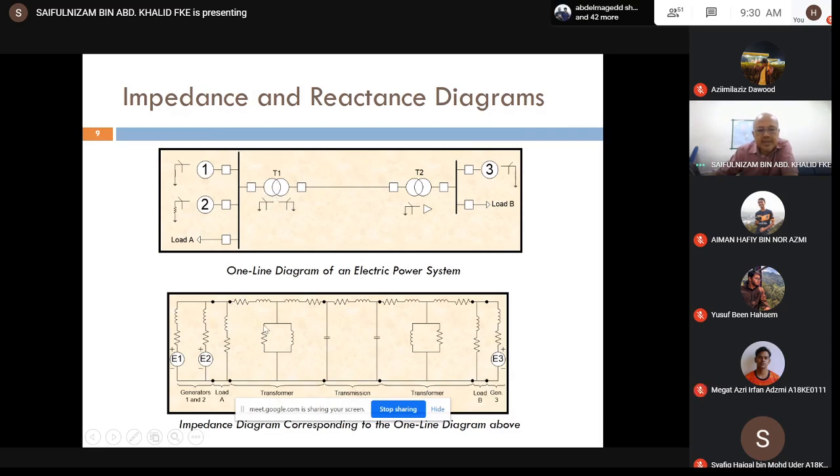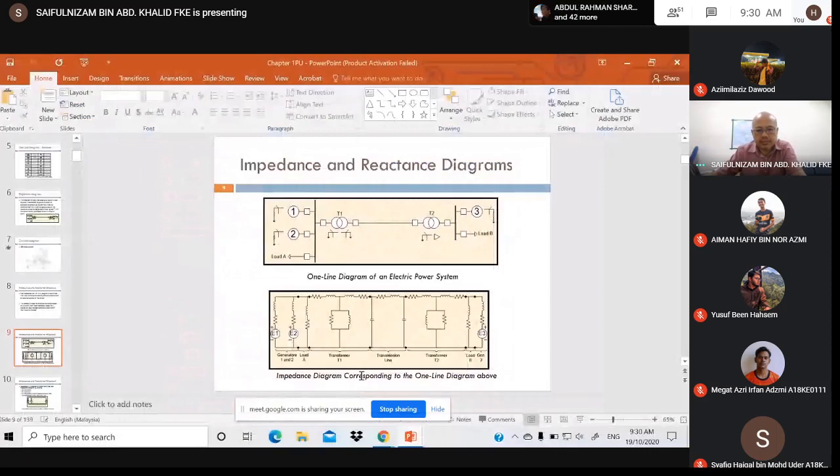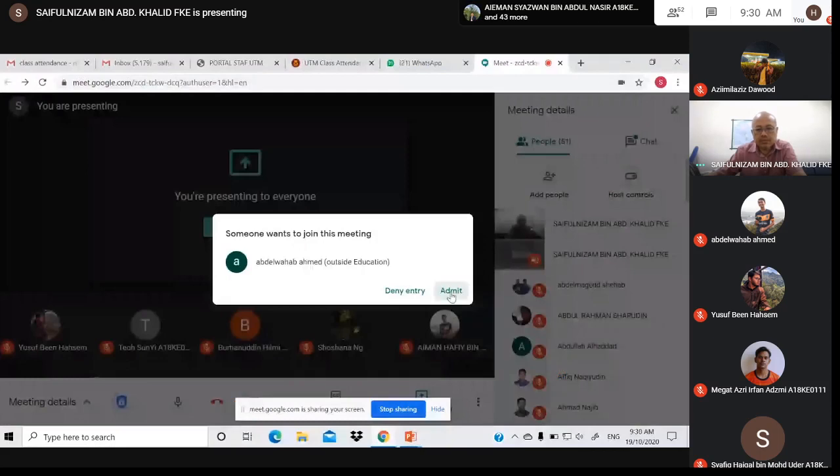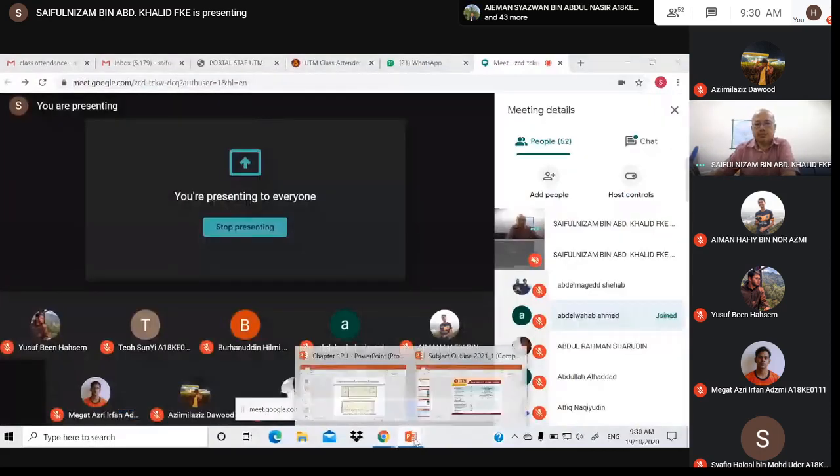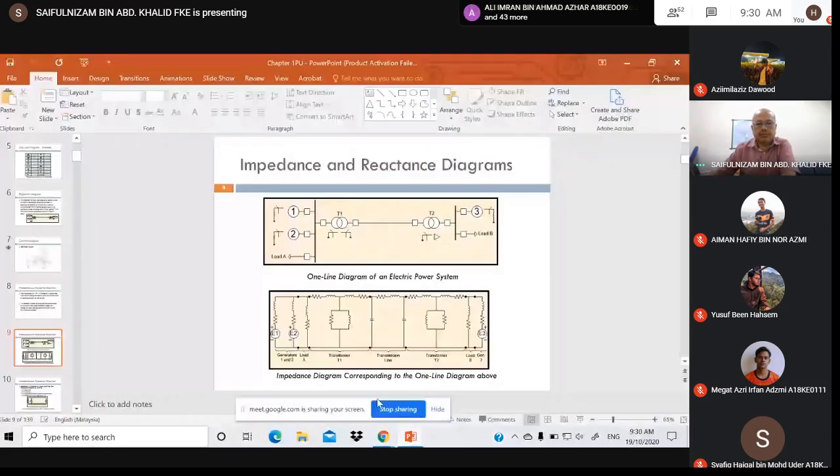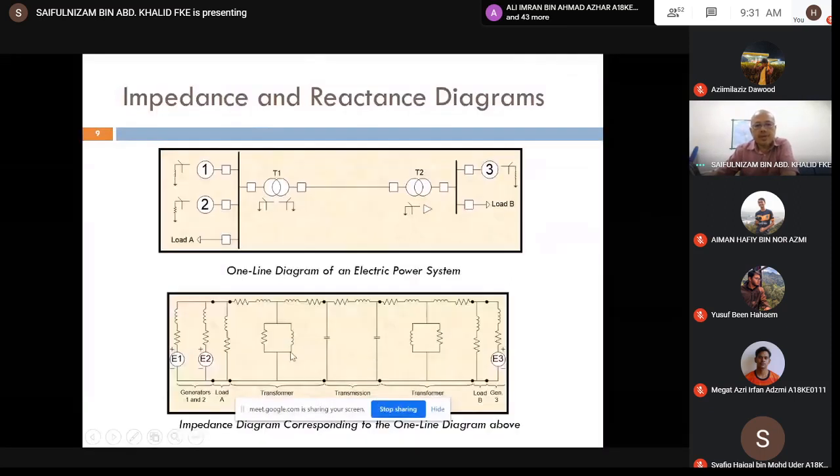You can see here the magnetic circuit of the transformer. The primary parameters, the secondary parameters, and the magnetic circuit of the transformer in the middle. So the transformer is represented by its equivalent circuit.